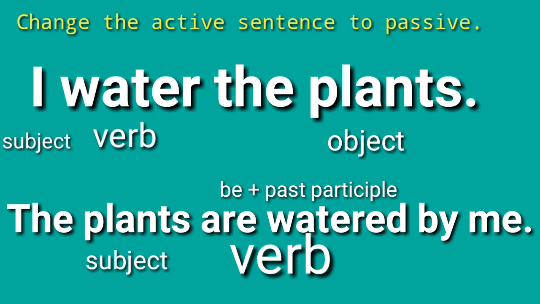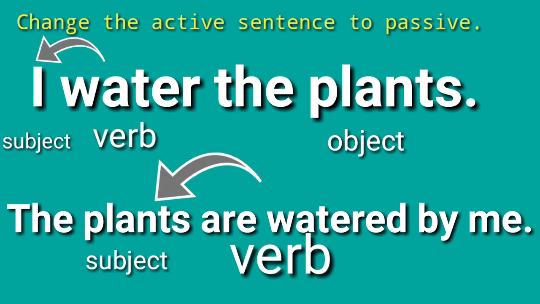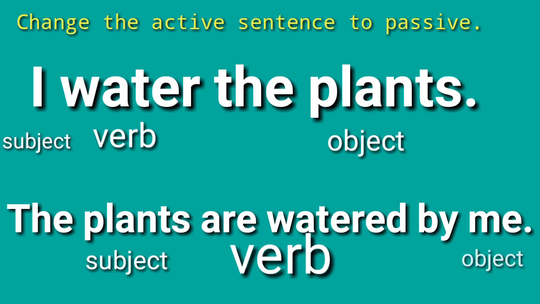And take note, we did not change the tenses of the verb as we changed the active sentence to passive. Both are in the present tense. And remember that a verb should always agree with the subject. Another thing, the subject I in the active voice becomes the object of the preposition by in the passive voice.